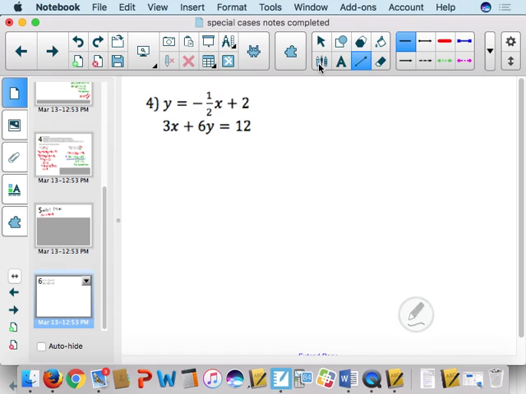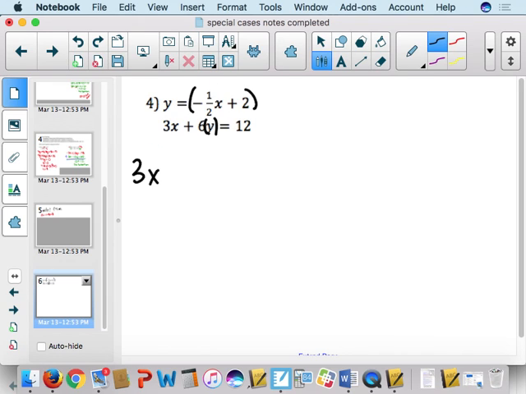So we're going to go ahead and use substitution here. Y, negative 1 half x plus 2, is by itself. We're going to plug that in for the y value. So we're going to rewrite this bottom equation by substituting in. So we have 3x plus 6 times negative 1 half x plus 2, and that equals 12.